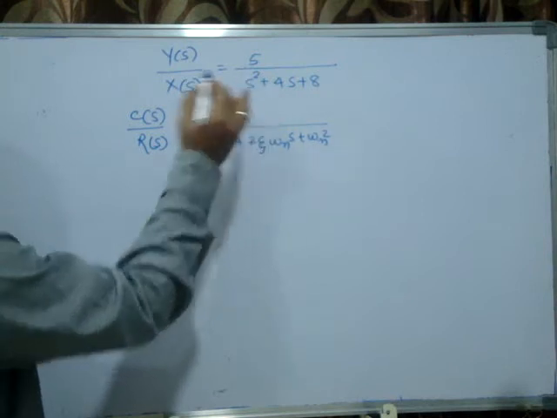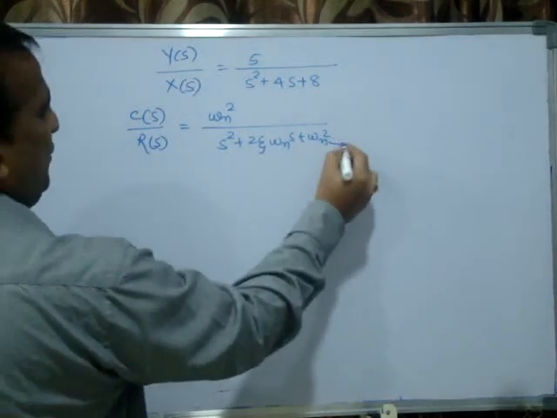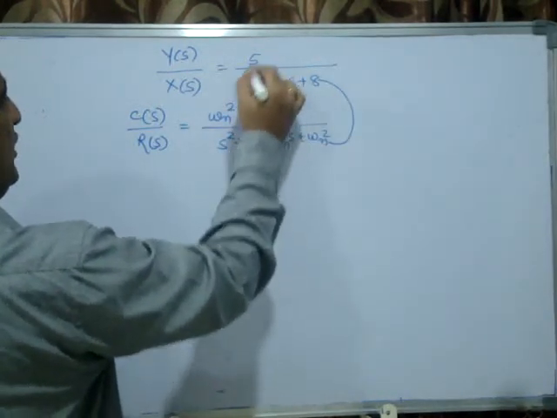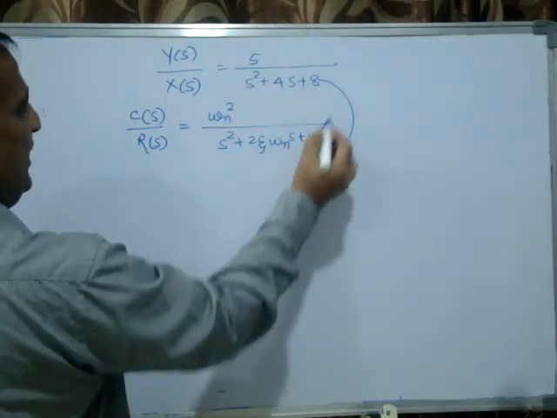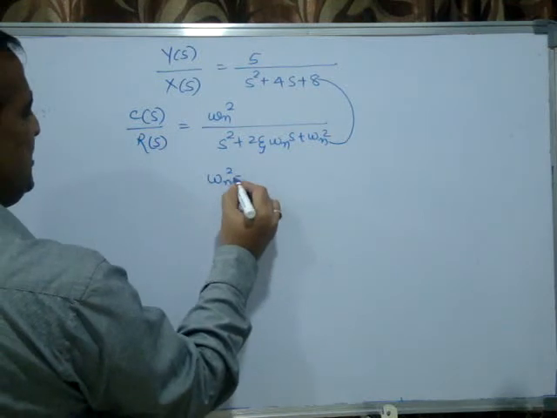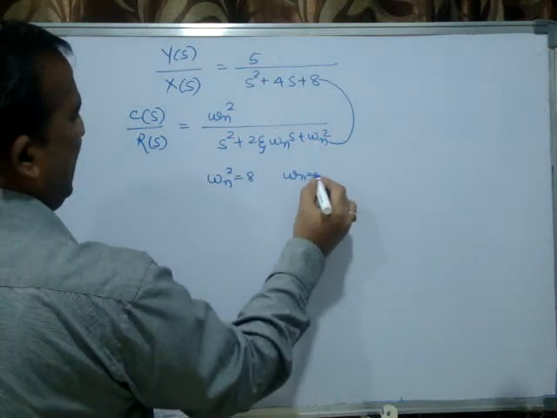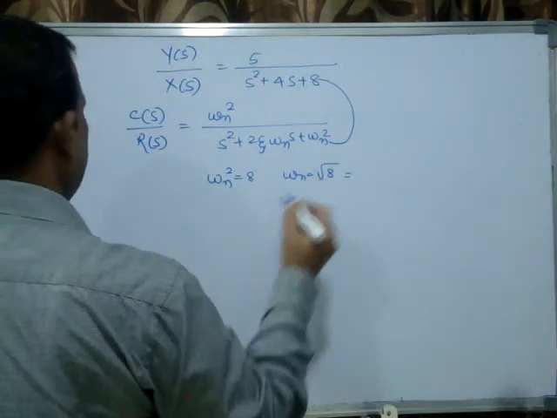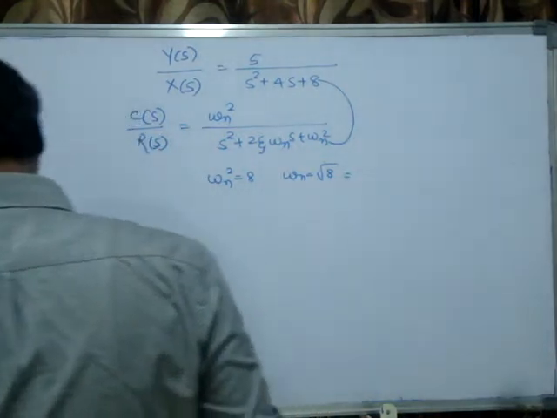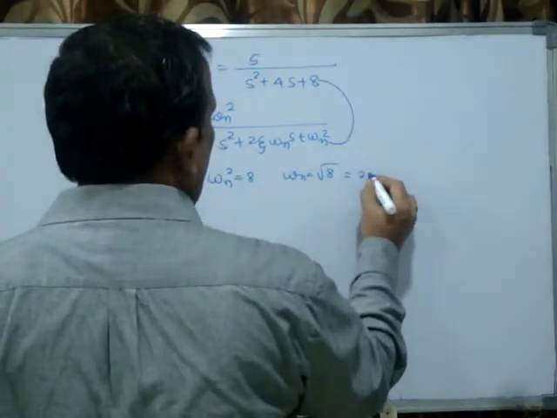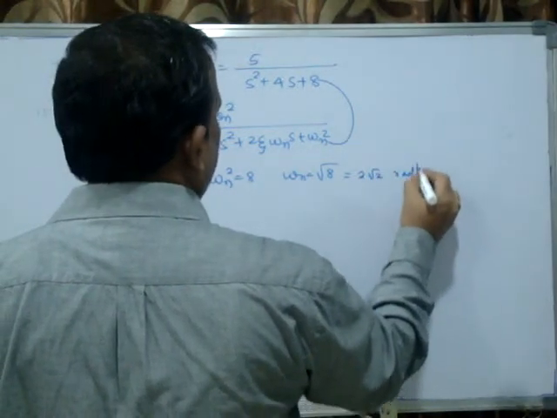You compare the denominator, you don't compare the numerator, sometimes it may be 10. Omega n square is equal to 8, so omega n is equal to root of 8, that is 2 root of 2 radian per second.